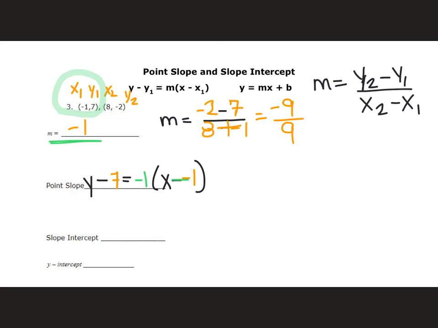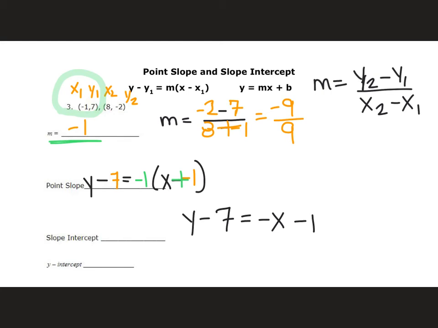You're welcome to change that plus negative into a minus, and a minus negative into a plus. And then same thing as we did before, going from point slope to slope intercept, the first thing you want to do is distribute. So y minus 7 is equal to x plus 1.